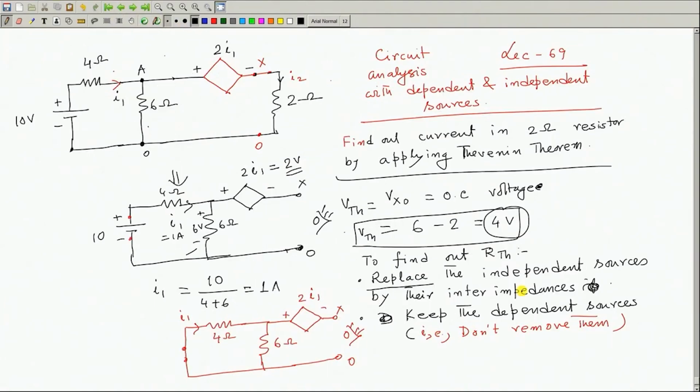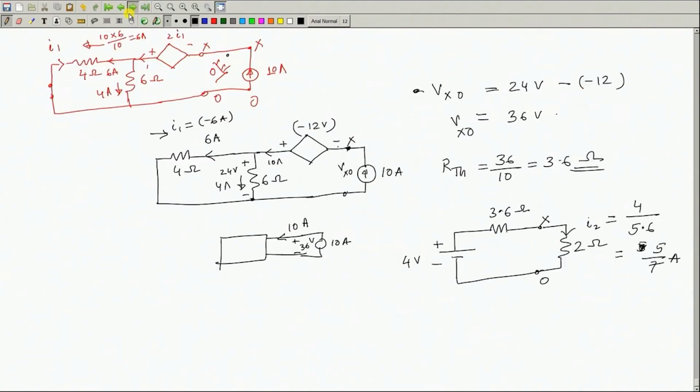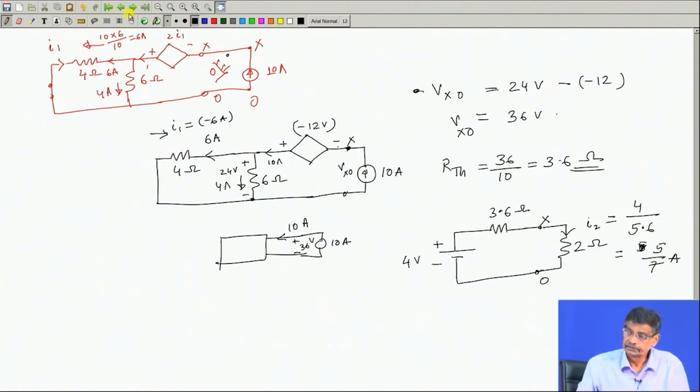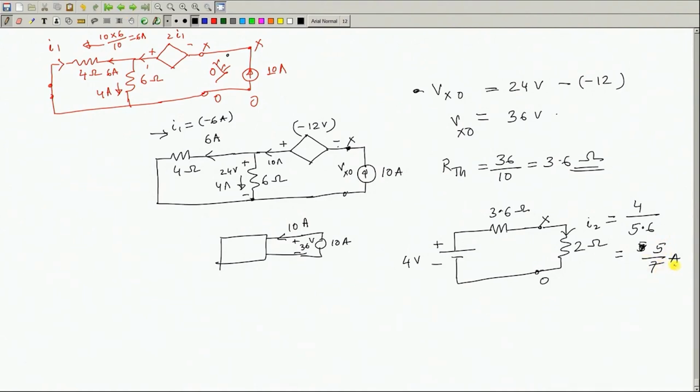So, I have replaced this by 4 volt. Thevenin's voltage will be 4 volt, is correct, and Thevenin's resistance is 3.6 ohm, okay. The current is 5 by 7 ampere.